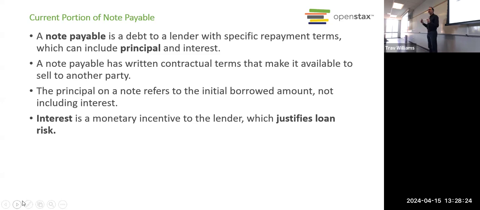Again, it's whatever is agreed to by the two parties. But as far as when the principal payments have to be made, in other words, when you have to pay back the original amount that you borrowed, when you have to pay the interest, how much interest you have to pay, all of that is specified in the note itself, in the document that you both signed.